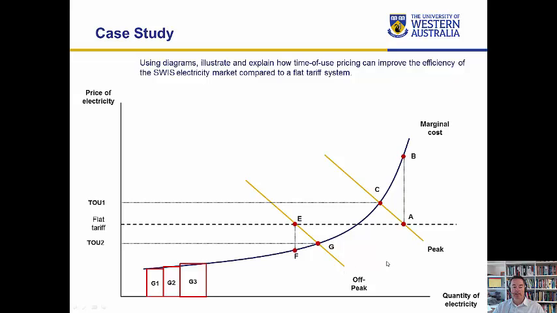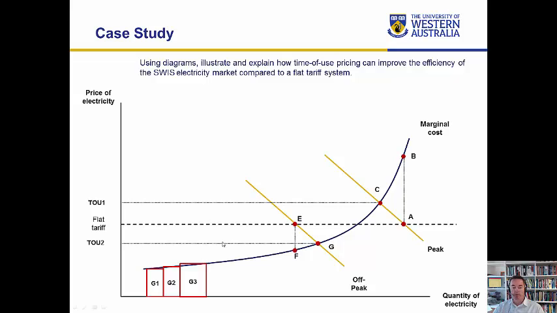Someone who's not subject to time of use pricing just pays this flat tariff, but someone who's got the smart meter installed and wants the opportunity to consume more of their electricity at cheaper off-peak prices would be subject to a price TOU1 during peak times and a price TOU2 at off-peak times. In many places there are more than just these two prices, but I'm just using a two-price example to keep it simple, to get across the key concept.